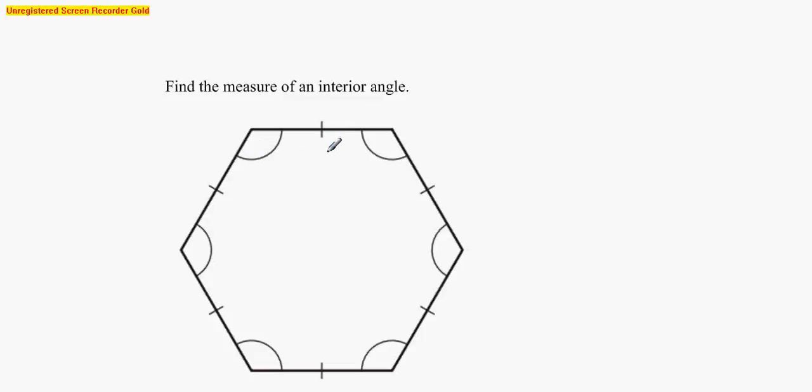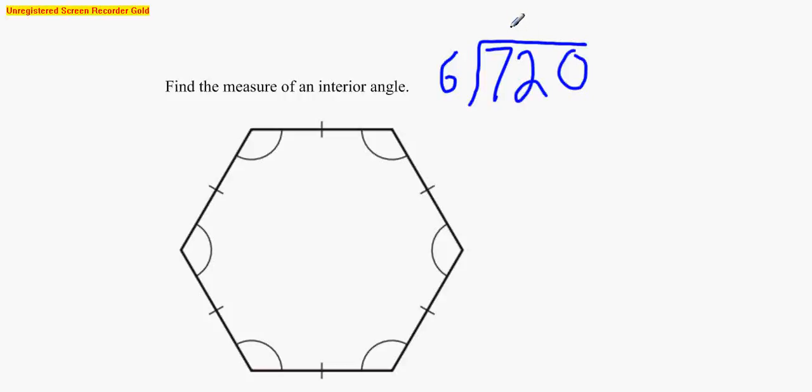Okay. So let's see, we got 1, 2, 3, 4, 5, 6. We got a hexagon. And so if you remember from before, our formula for a 6-sided shape, it's 720 degrees. Okay. And so we need to divide that 720 degrees up into 6 equal angles. And so to do that, I'm just going to divide it by 6. And so 6 goes into 72.